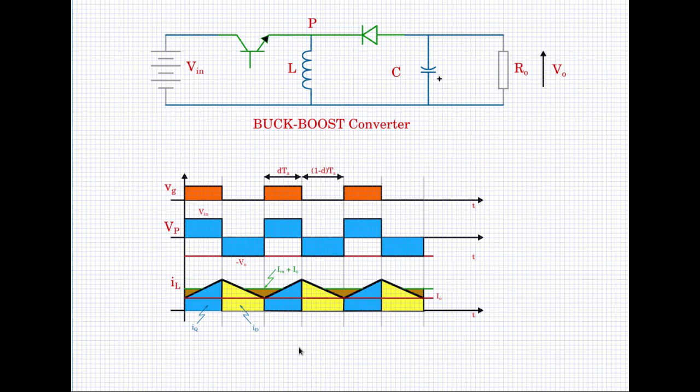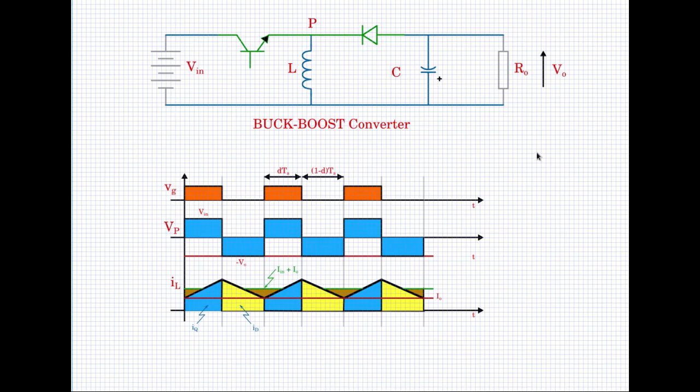I will leave it as an exercise for you to find out the value of L and the value of C in exactly the same manner that we did for the buck and the boost converter. If you are not able to get it, then bring it up in the forum and I will discuss that once again.